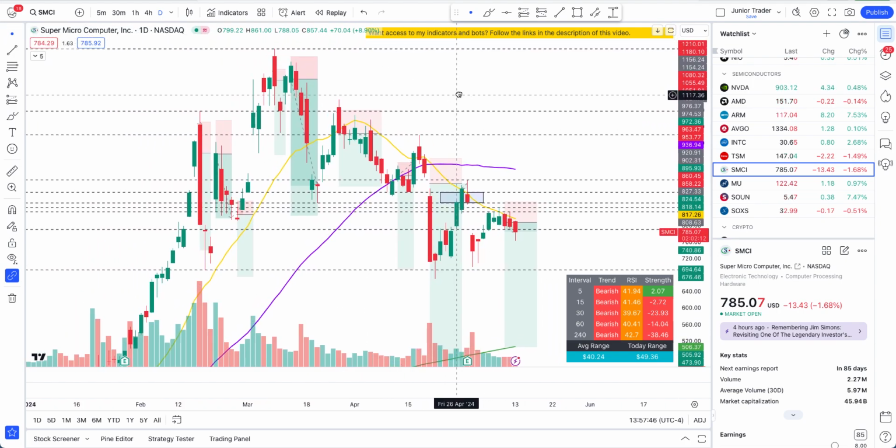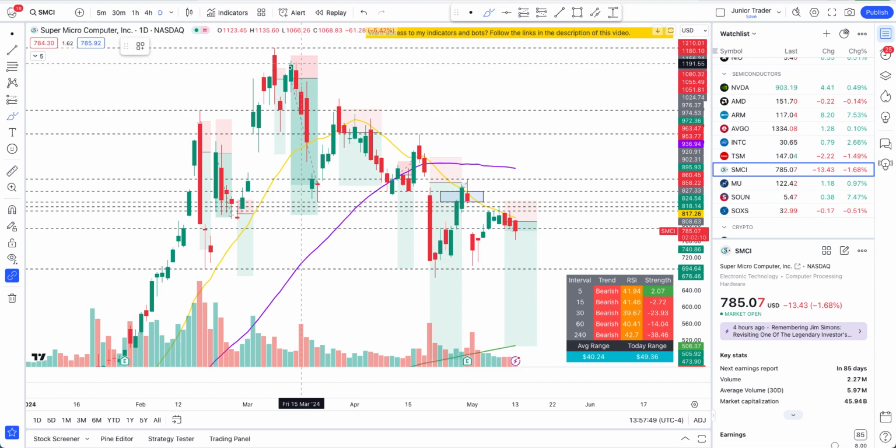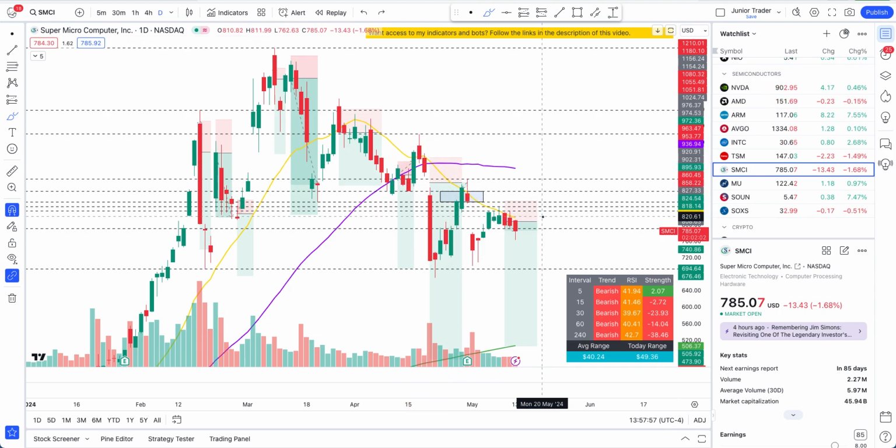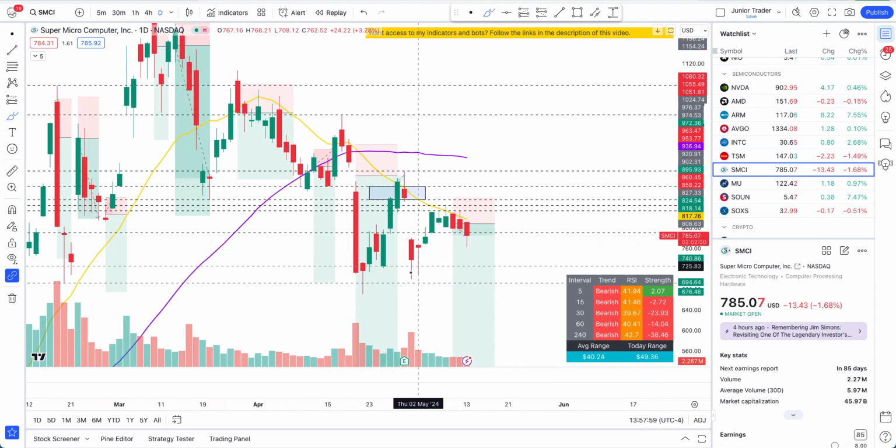So SMCI is trending lower, right? We have lower highs, still lower lows. And lately, after the post earnings pivot, I told you to expect some rebound. We got that rebound, but then we started to reject underneath this level of 855 to 840.